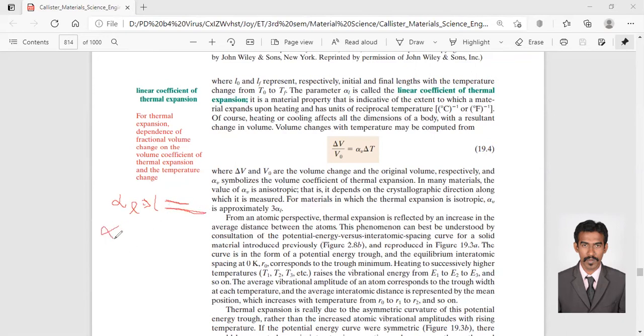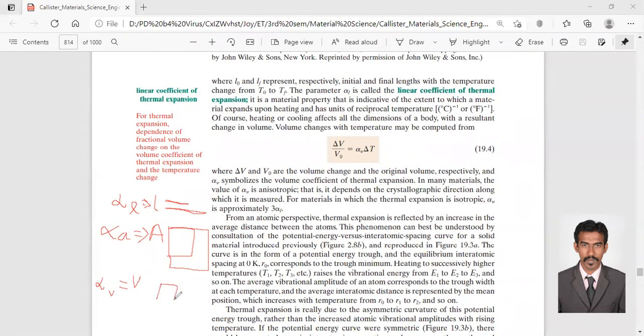And if you have alpha A, that is the area coefficient. That will give you an idea of the initial area, and when you heat it, the final area. And then we have alpha V also, which is the volumetric coefficient.